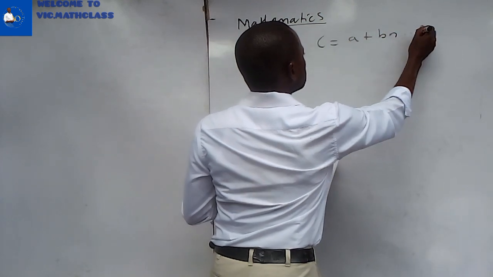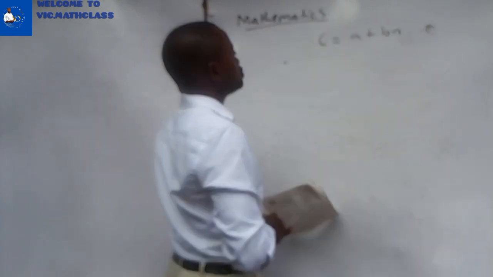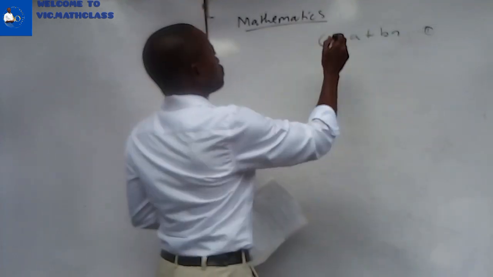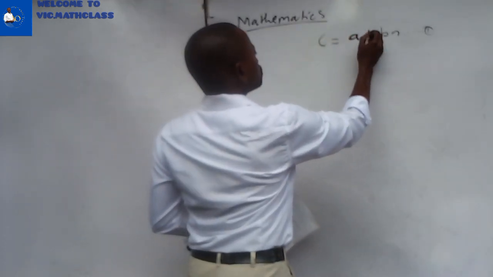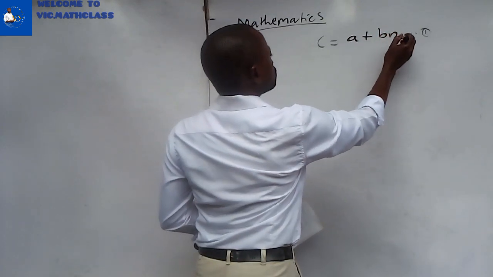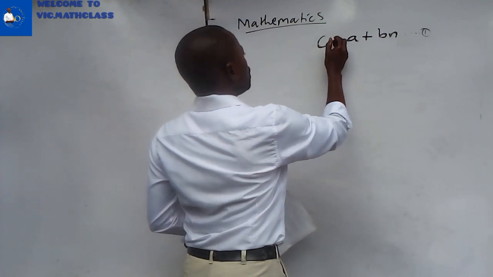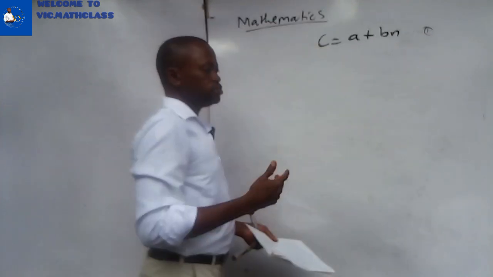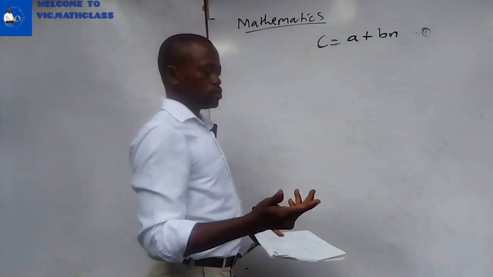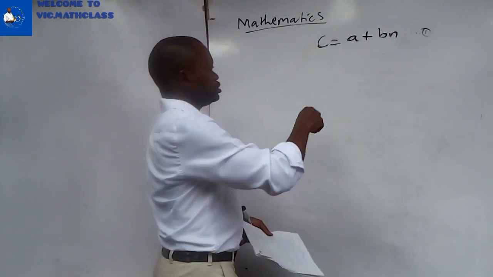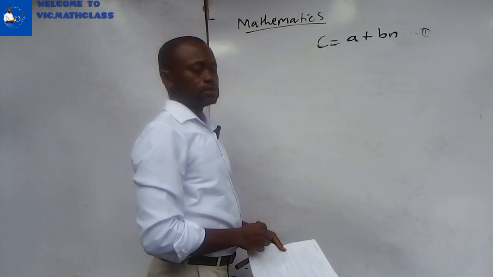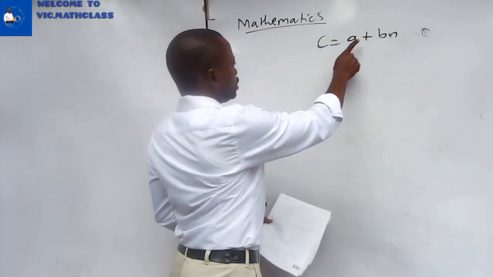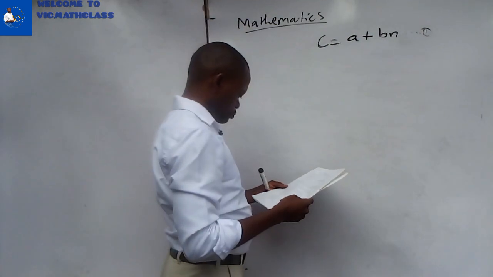We are going to use this mathematical expression: C equals A plus Bn. This is partial variation, a situation whereby a quantity is dependent on two other quantities. This A and B are constants, whereas C and n are varying.